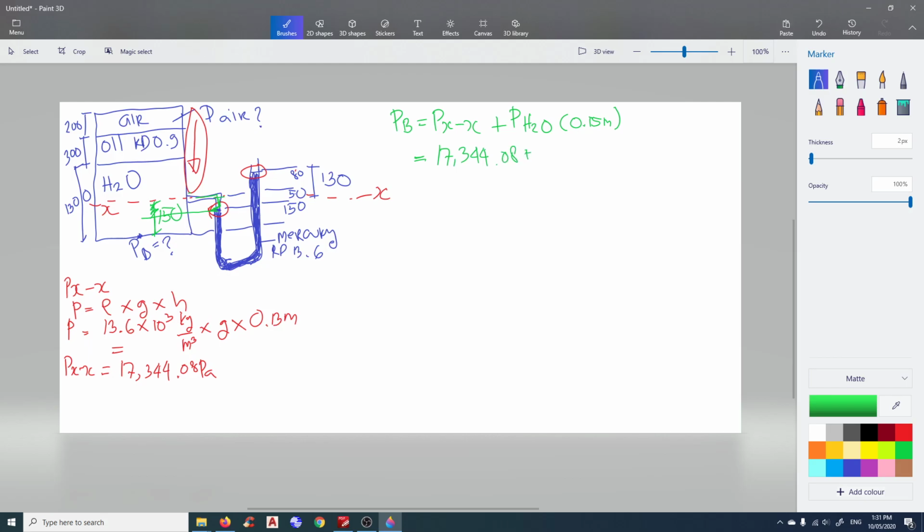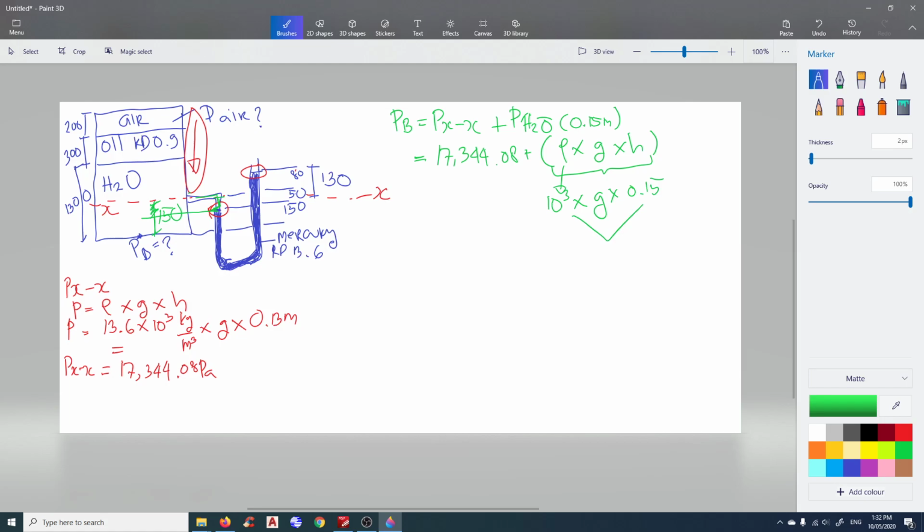So pressure at point XX is 17,344.08 plus rho times g times h. But now this one is the density belonging to water, which is 1000, gravity, and the height is 0.15.